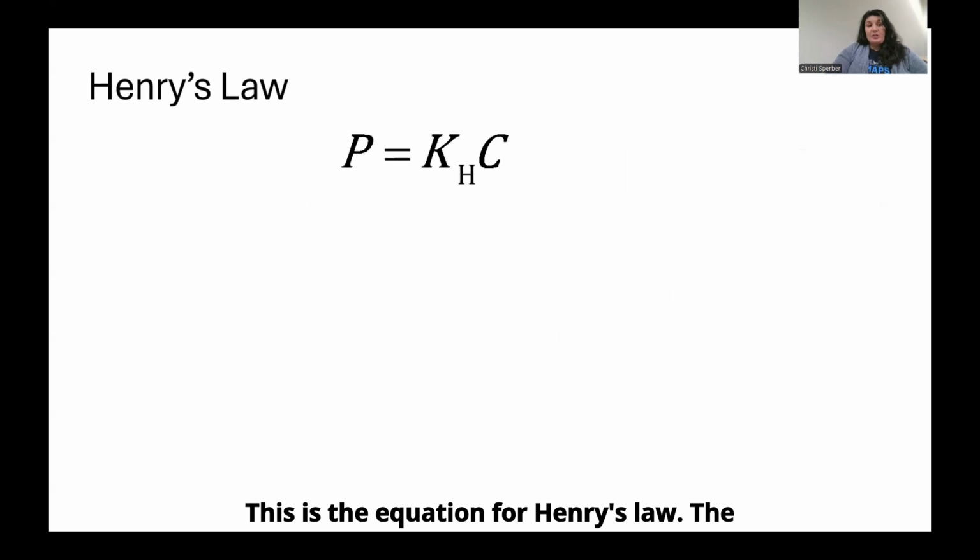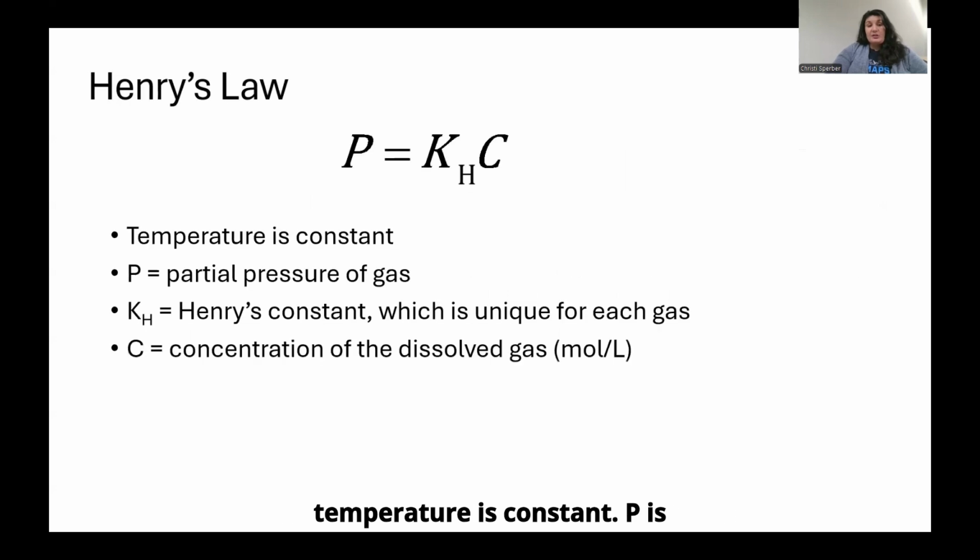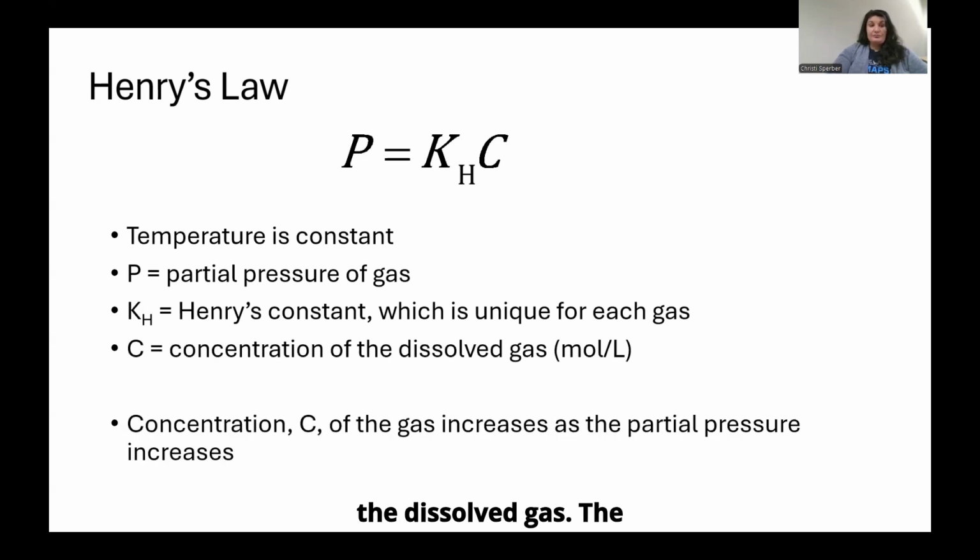This is the equation for Henry's law. The temperature is constant. P is the partial pressure of the gas, so it's not the total pressure, it's the partial pressure of the gas. KH is Henry's constant. This is unique for each gas. And C is the concentration of the dissolved gas in moles per liter, so the molarity of the dissolved gas.